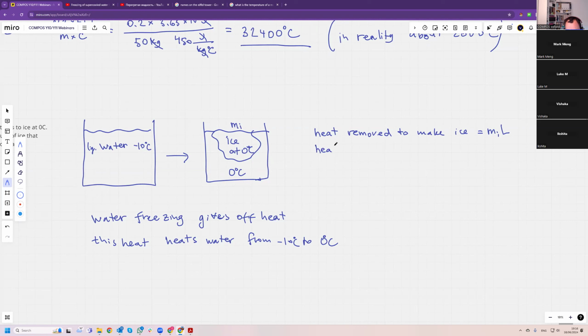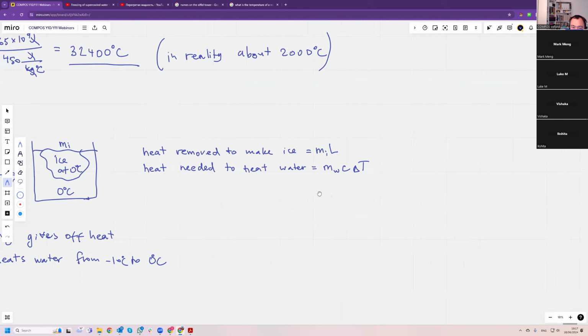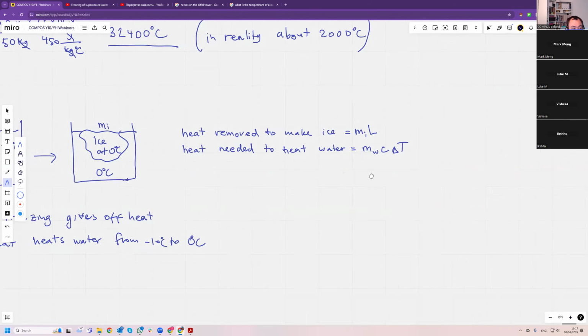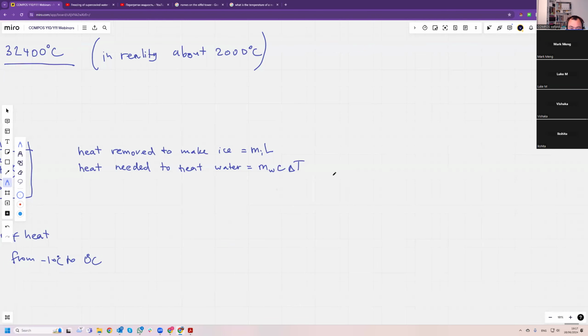Heat needed to heat water is the whole mass of water multiplied by specific heat capacity of water and multiplied by the change in temperature. And these have to be equal because energy goes from the ice to the water effectively.